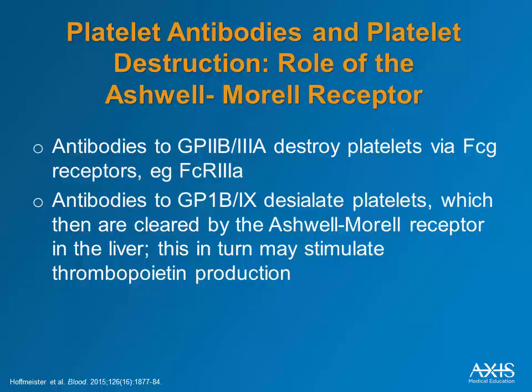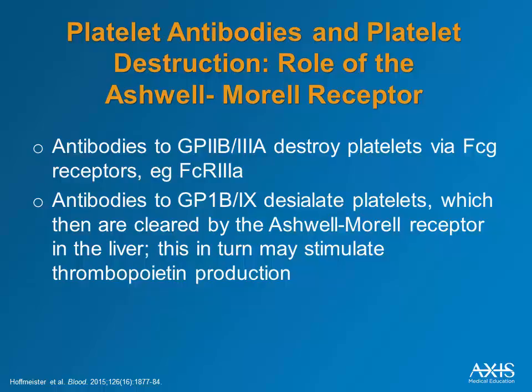It's generally agreed on that antibodies to glycoprotein 2b3a appear to destroy platelets, as illustrated on the previous slide, with binding to Fc gamma receptors, for example, Fc gamma R3a in macrophages.